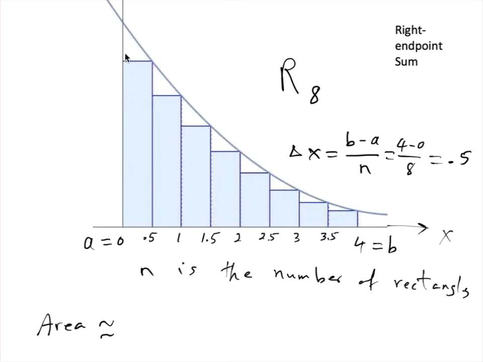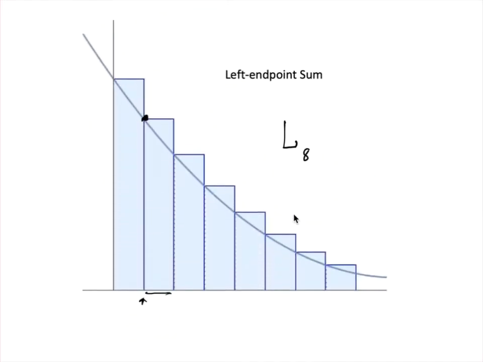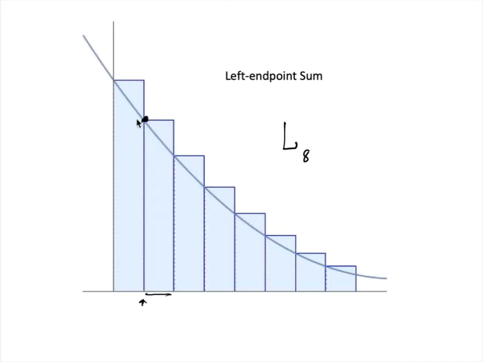And by the way, because the function is decreasing, when you do a right sum, it will always underestimate the actual area. And for a decreasing function, the left sum overestimates.